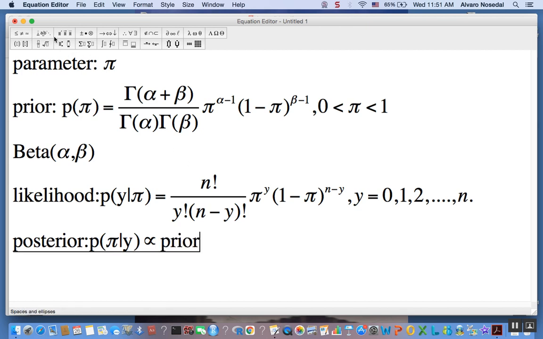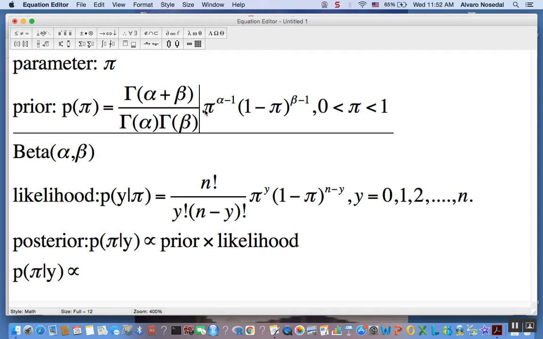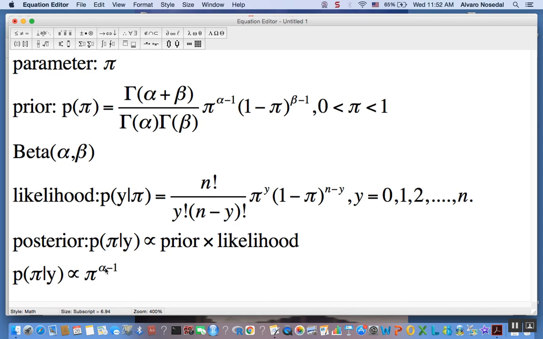So when we do that product, it is proportional to pi to the power alpha plus y minus 1 and times 1 minus pi to the power n minus y plus beta minus 1.